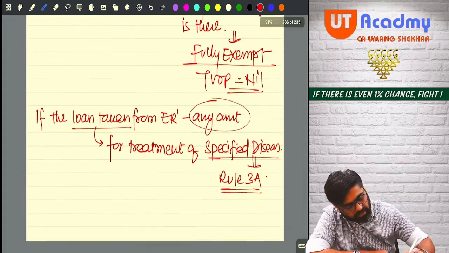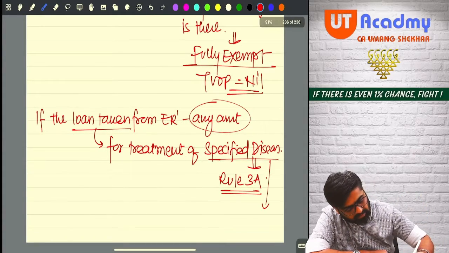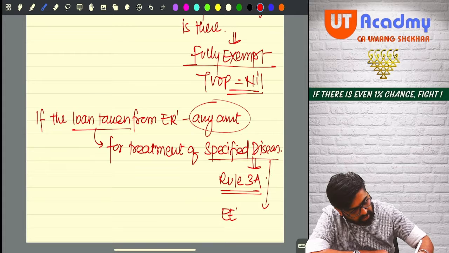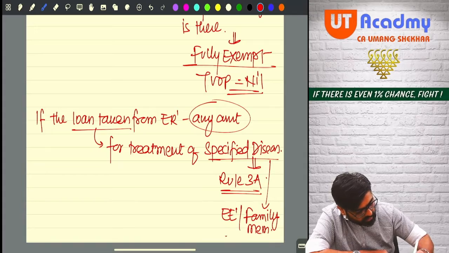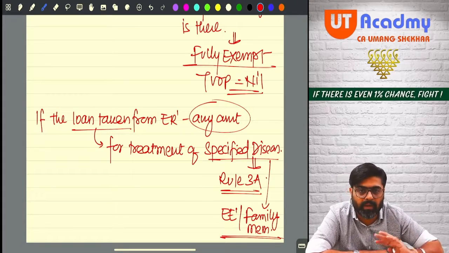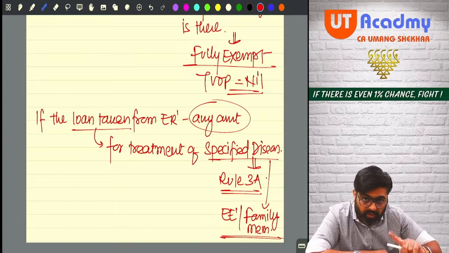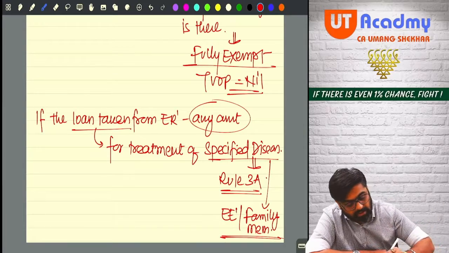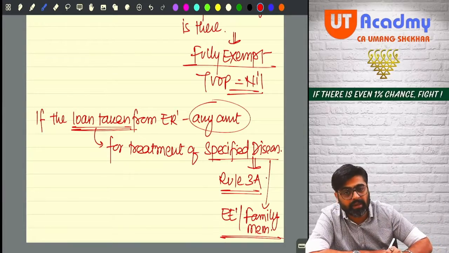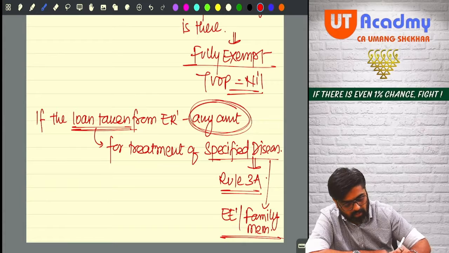Now, who will be suffering from these diseases? Either the employee or his family members. So the employee or any of his family members is suffering from these diseases, and for the treatment of these diseases, the employee has taken a loan of any amount.